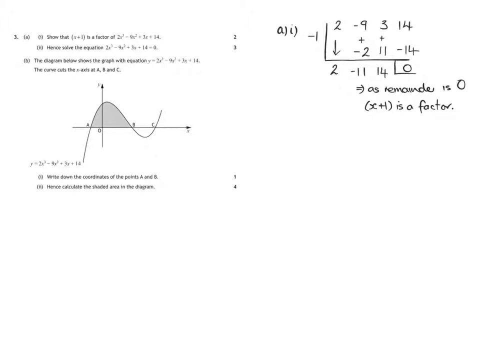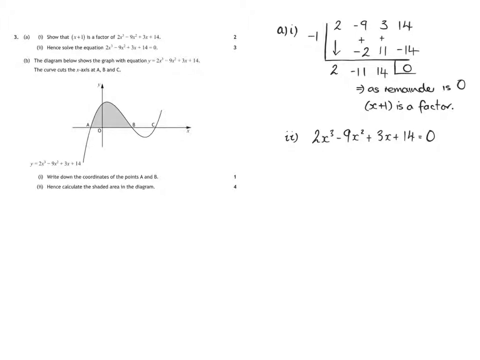Okay, right, so we can go into part 2, which says, hence solve the equation 2x cubed minus 9x squared plus 3x plus 14 equals 0.